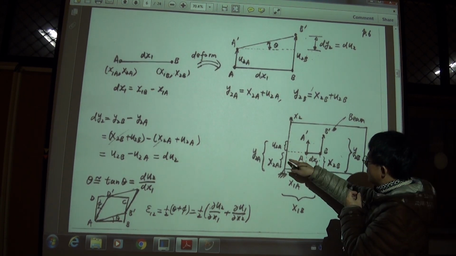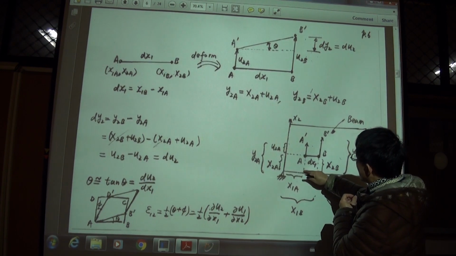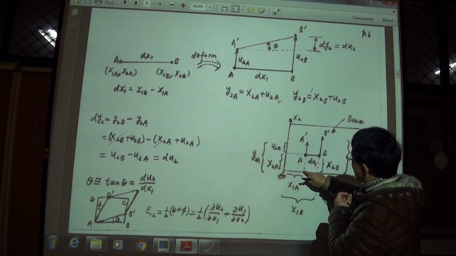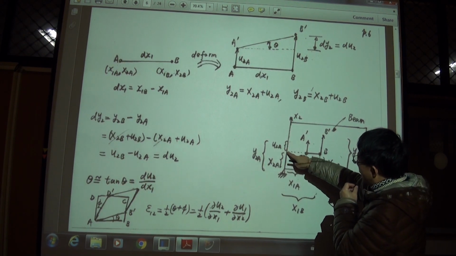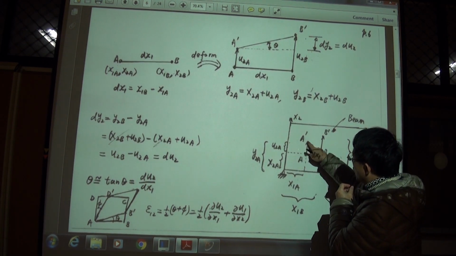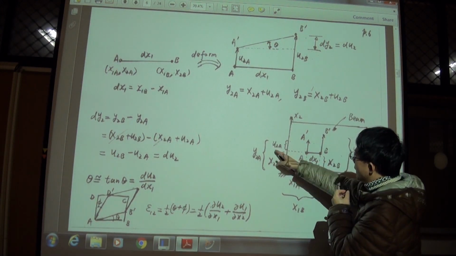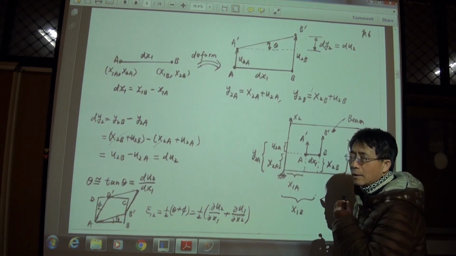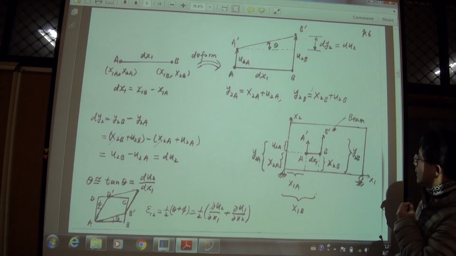And then this is x2a, the vertical coordinate, like this. But this point will move upward, it has a displacement. So this is the vertical coordinate after the deformation, right?